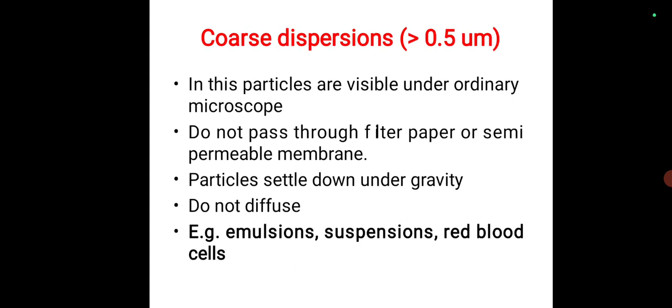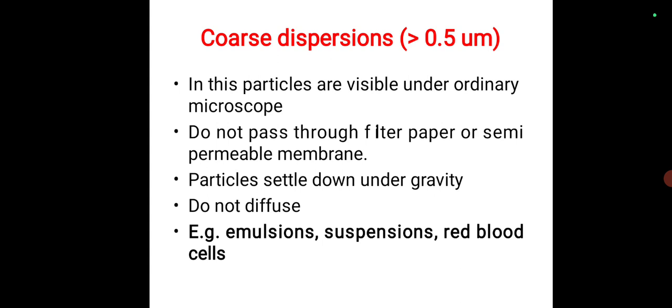Now we are going to discuss coarse dispersion. The molecular weight is very high and the particle size is more than 0.5 micrometer. The diameter is large, so these particles have more molecular weight. These particles are visible under an ordinary microscope and do not pass through filter paper or semi-permeable membrane.